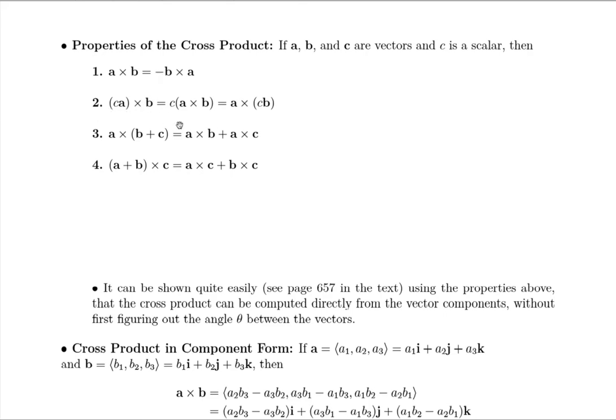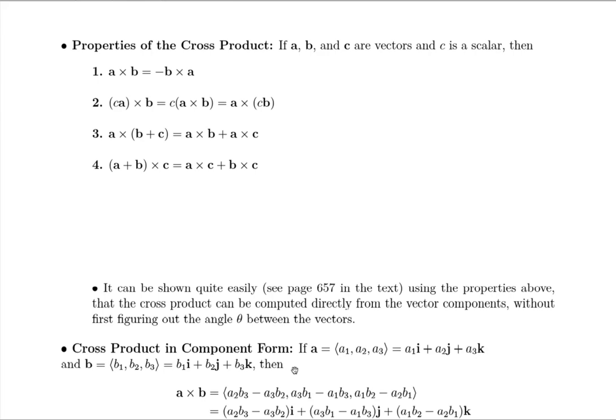The associative property with scalar multiplication does work, though. You can use the distributive property, and you can use it in both directions, on either side. Okay. All right, so what if I give you two vectors and I ask you to come up with the cross product, and I don't tell you the angle?